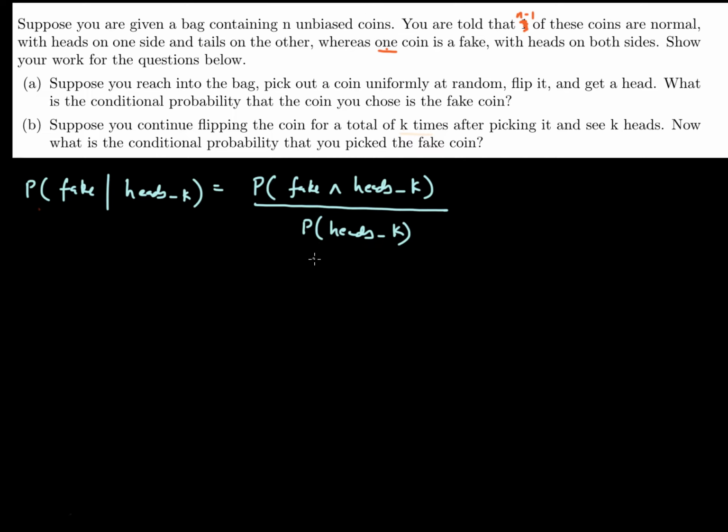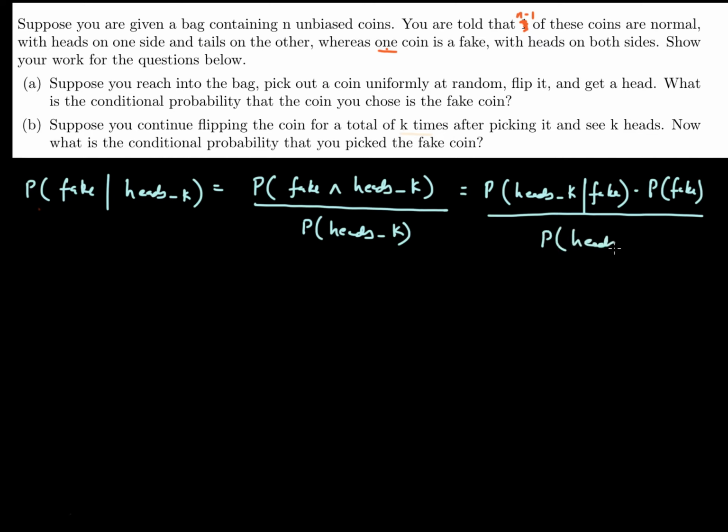Now the joint probability distribution, again, as you saw from the last video, is equal to the probability of heads occurring k times given that the coin is fake to begin with, times the probability of the coin actually being fake, divided by the probability of heads being observed k times.